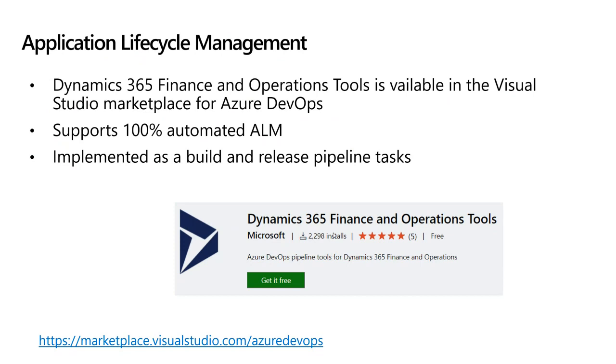The first part we want to talk about is version control. The primary purpose for version control is storing the source code. This includes customizations and ISV products with source code. Source code for finance and operations is primarily in the XML text files that make up the application object tree, or AOT.